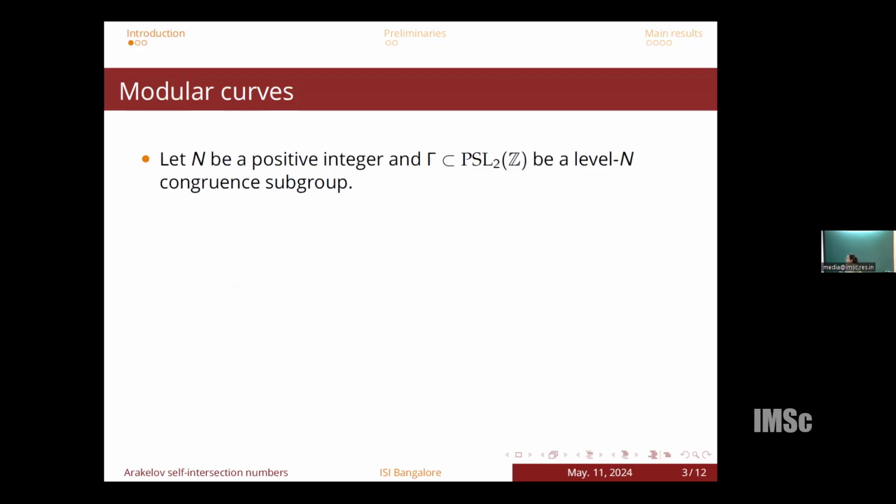Let n be any positive integer and Γ be a subgroup of PSL2(Z). This Γ is called a congruence subgroup of level n.